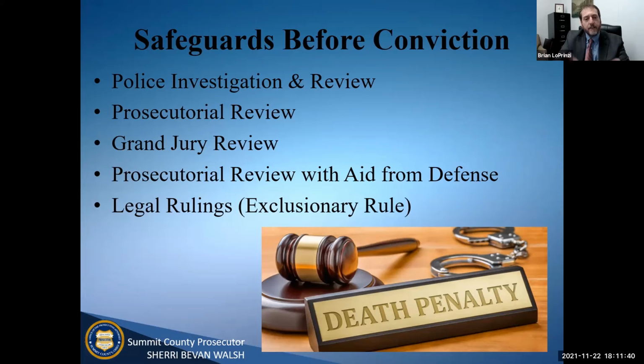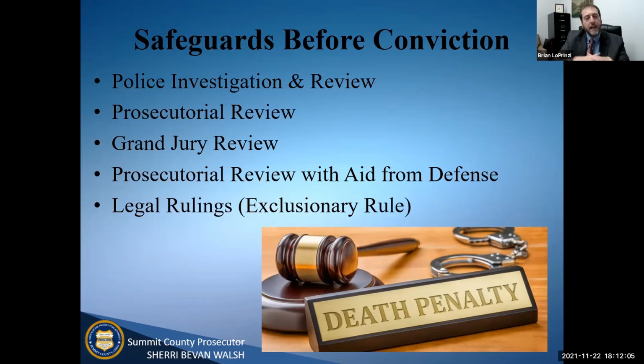So as in every case, when a crime occurs, the police get involved and they investigate the case. When they do, they review the case and look at it for all their reasons that the police do. And they will decide, hey, we think this is a death penalty case, so we're going to charge it with an aggravated murder and the special specifications.